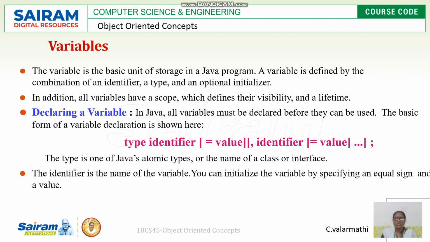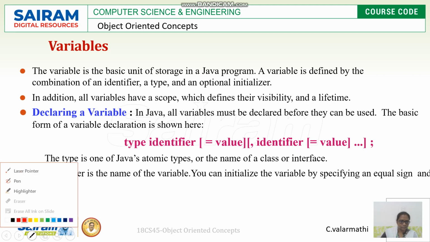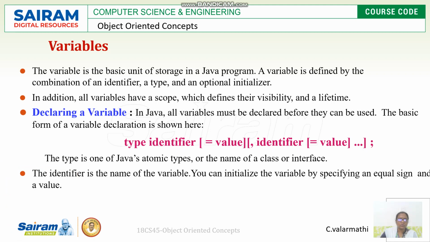A variable is defined by the combination of an identifier, a type, and an optional initializer. So a variable is the basic unit of storage. How can we declare one variable?